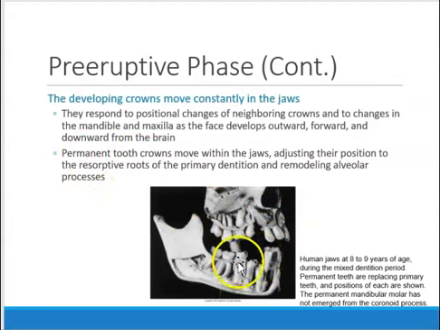Also, the permanent tooth crowns underneath are trying to erupt, and they also make the crowns move in a specific way. With so many changes happening with the face growing and the permanent teeth coming in, the crowns do shift here and there. They move constantly in the jaws.